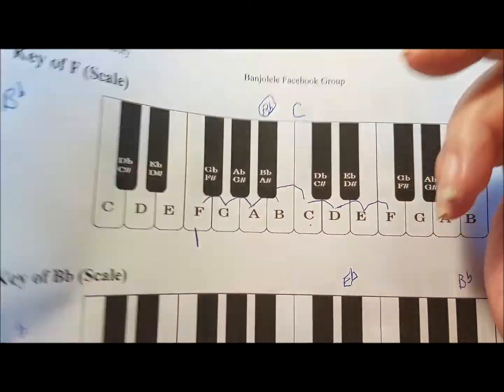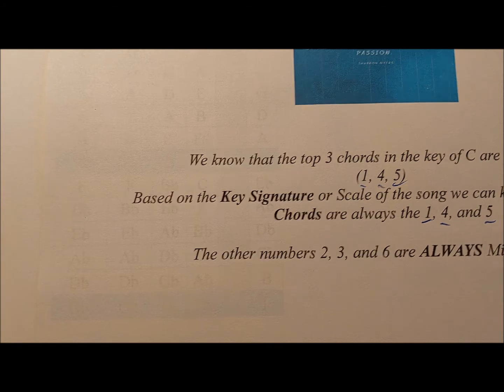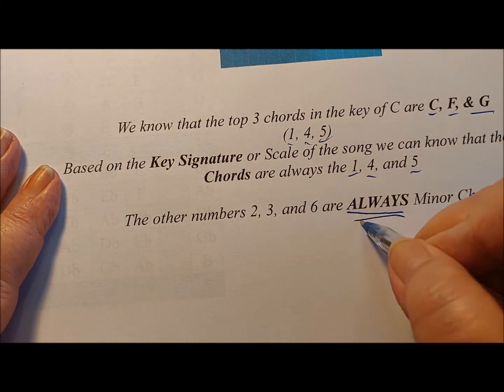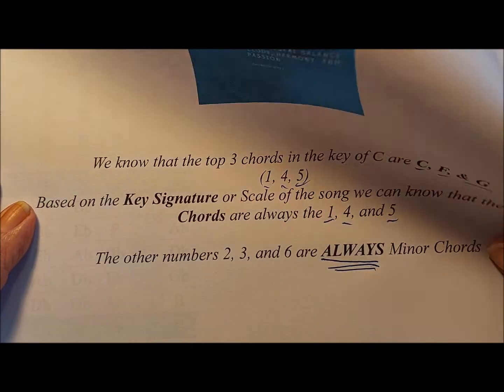But we'll see that more on the thing. Numbers 2, 3, and 6 are always, always, always minor chords.